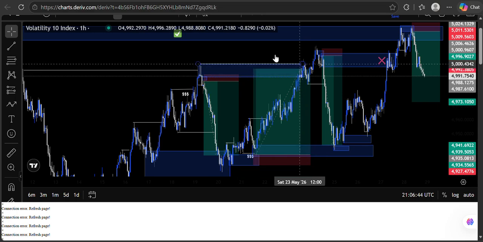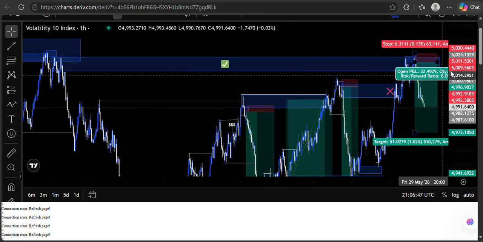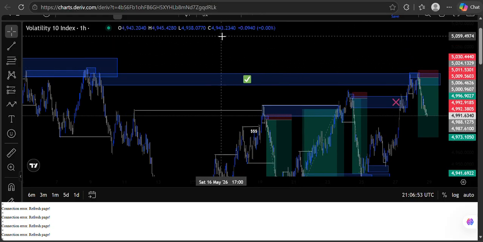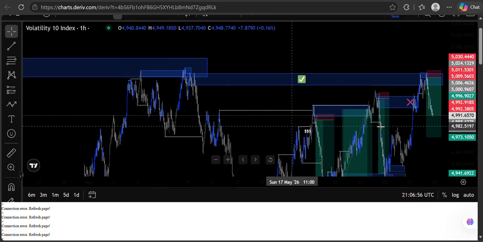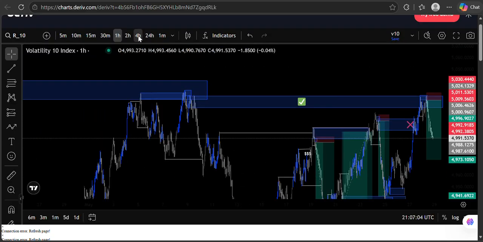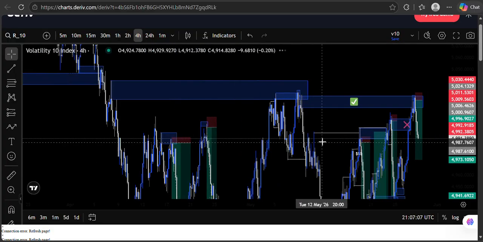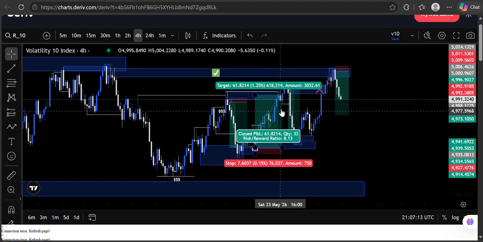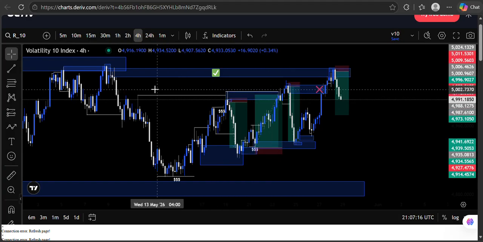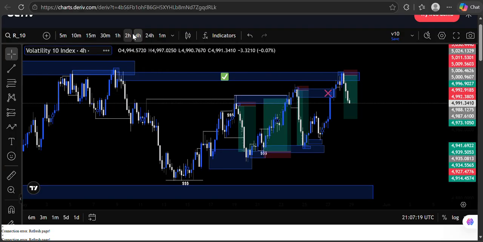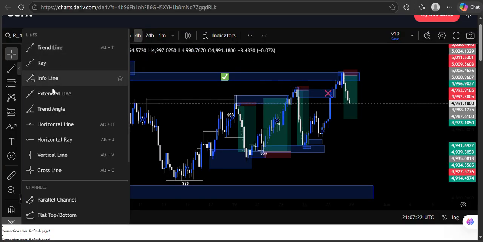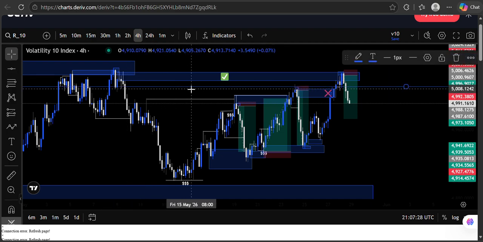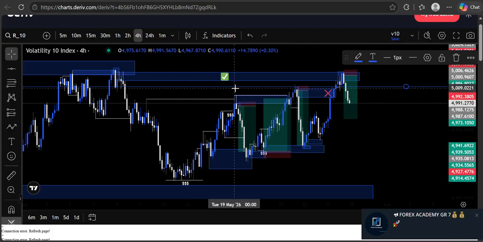If we come to our 4 hours time frame, after we exited this particular buy, we discover there is this demand zone here, which we expected price to react to and sell.